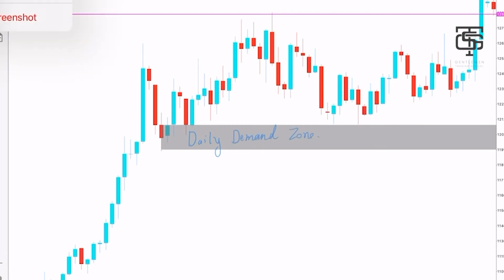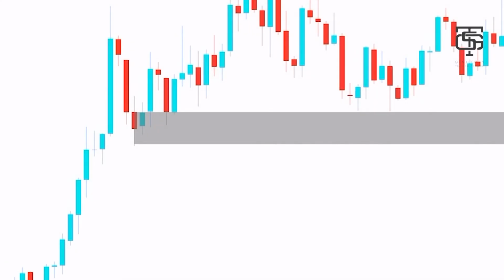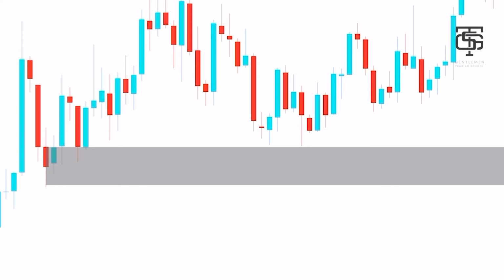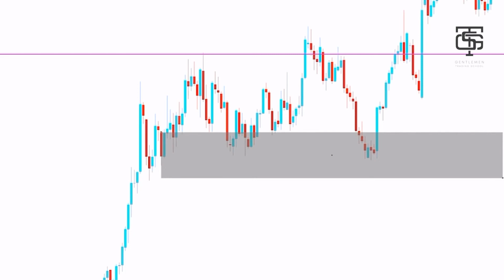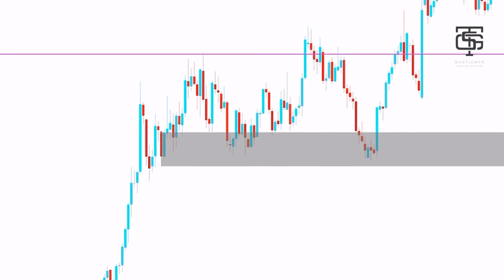Are you guys clear? So make sure you are aware. If these zones are broken, it means that price has broken the daily demand zone. So try and find out reasons why. Why did it break? Is there a sell setup from the weekly time frame, for example?